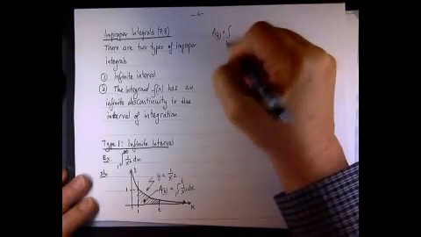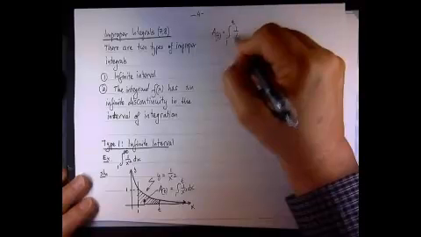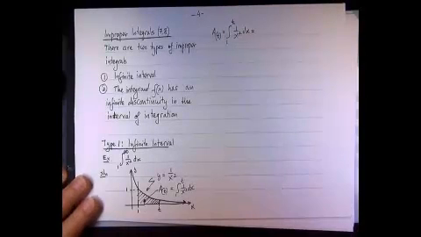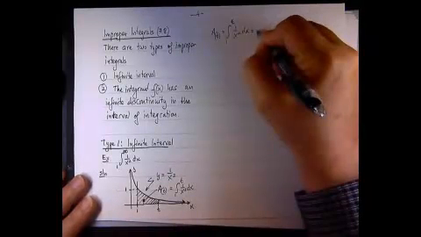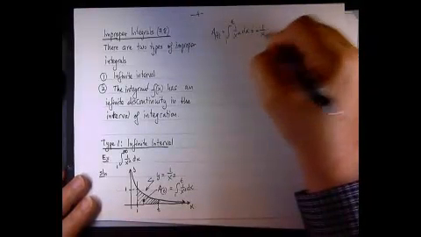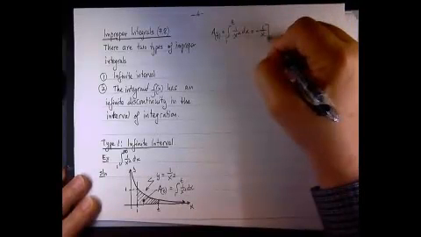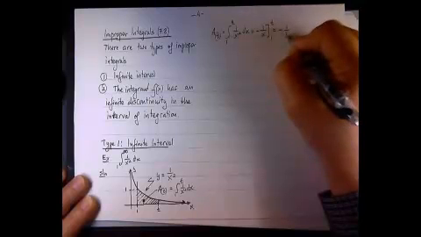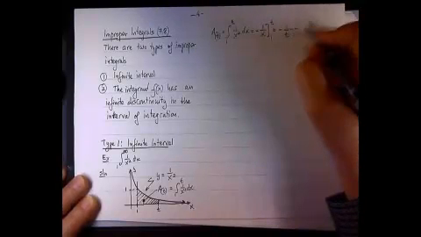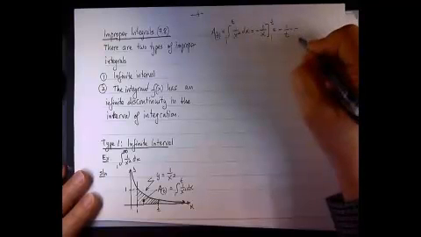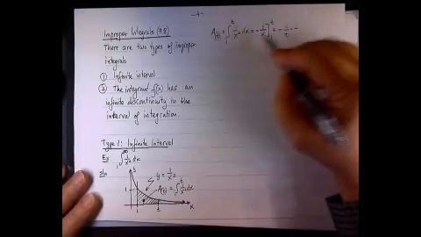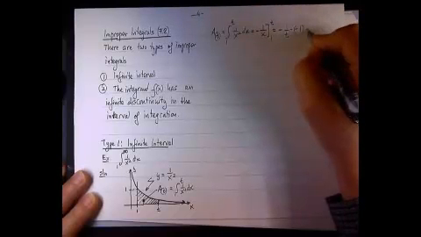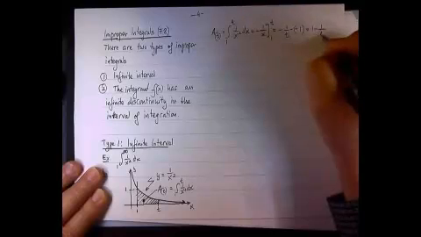Now this we can calculate. The antiderivative of 1 over x squared is negative 1 over x, evaluated from 1 to t. So we have negative 1 over t minus negative 1 over 1.